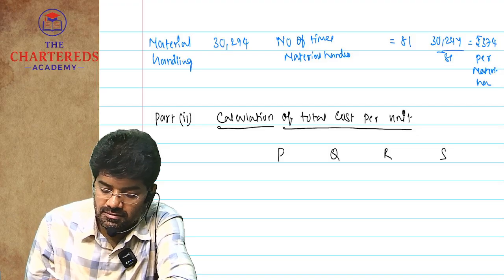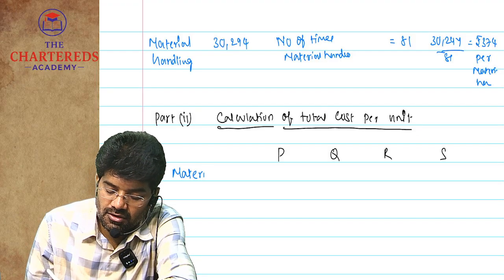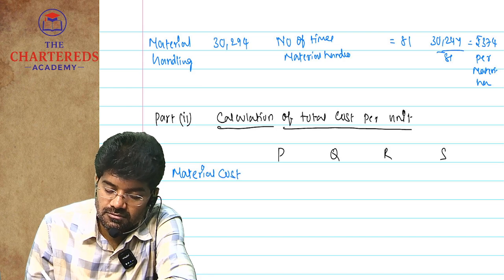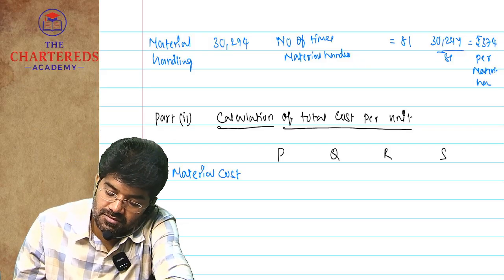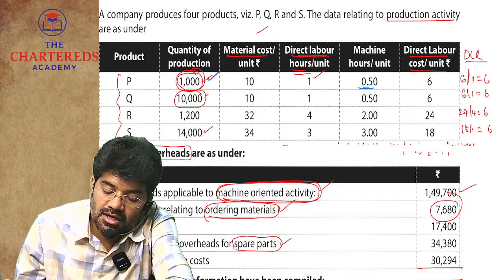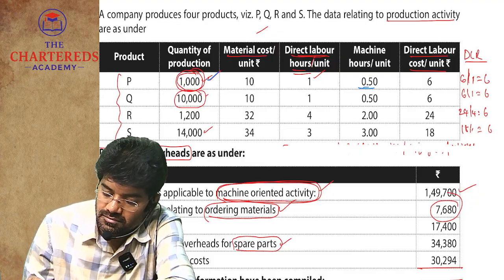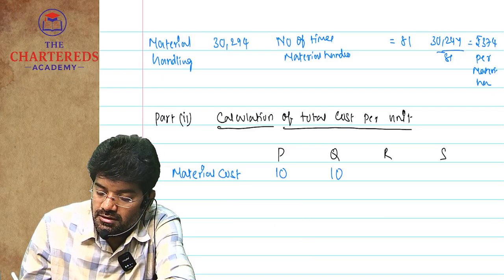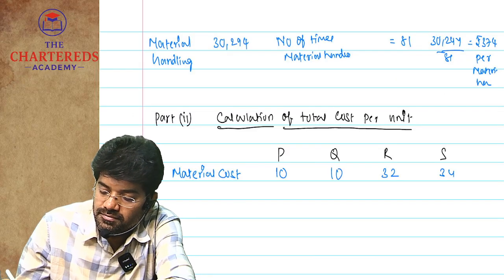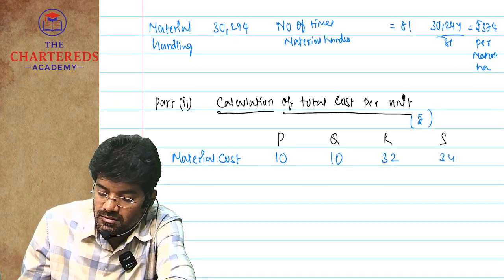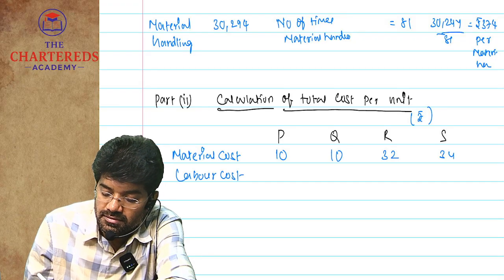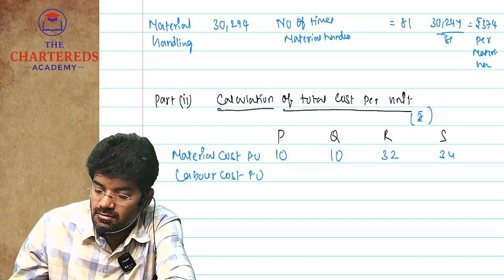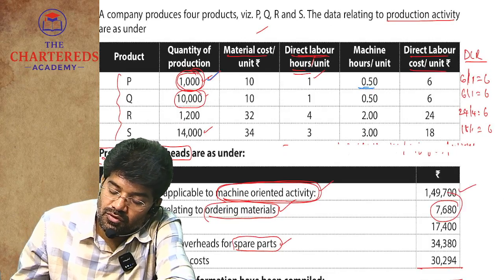First, material cost. Material cost now directly they have given per unit. So 10, 10, 32 rupees, 34. Next, labor cost is also given per unit. 6, 6, 24, 18.